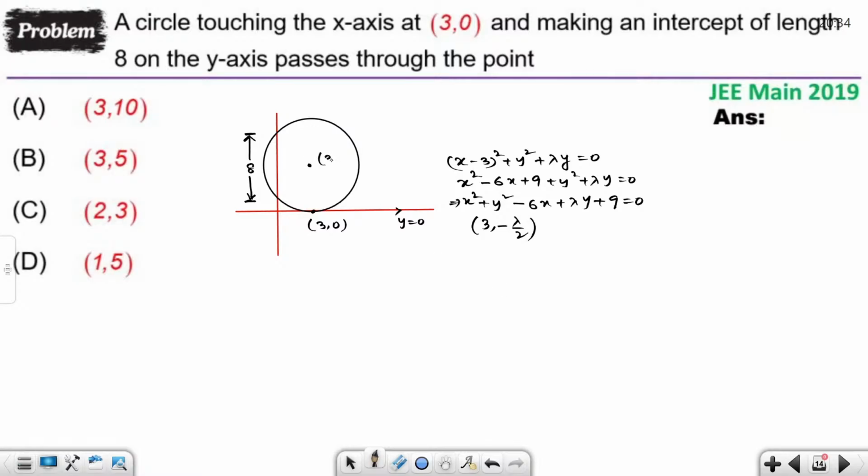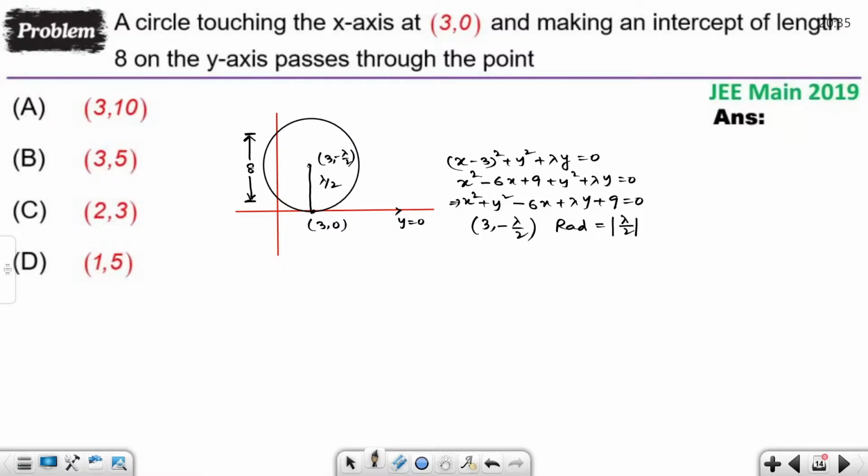The center is at (3, minus lambda over 2). Right? So what is its radius? Modulus of lambda over 2. Am I correct? As it is touching the x-axis, the center is (3, minus lambda by 2), therefore its radius will be lambda over 2.